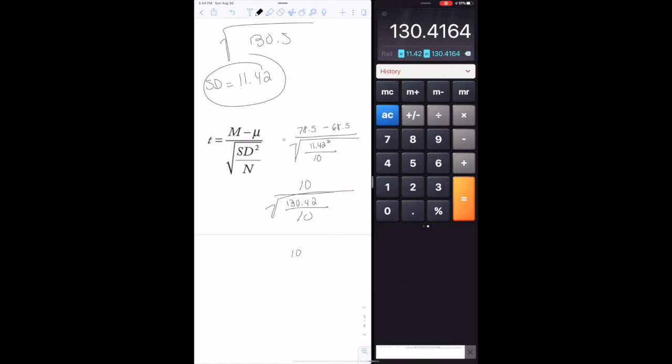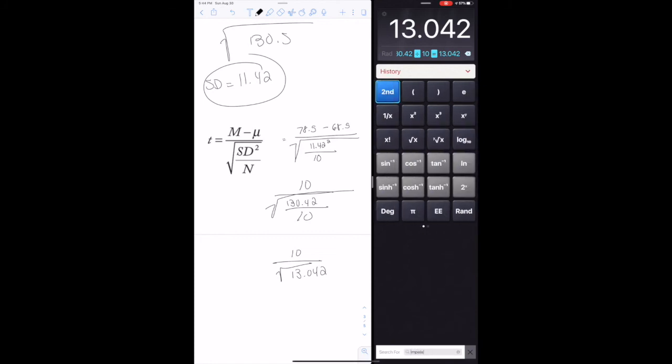So 130.42 divided by 10. I can't believe I just put this into a calculator. You can laugh at me at your own pace. That is, of course, 13.042. So we want the square root of 13.042, which is 3.611.